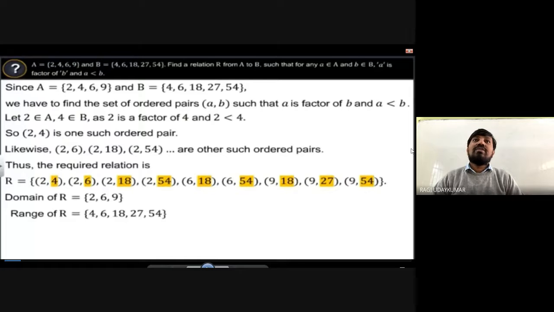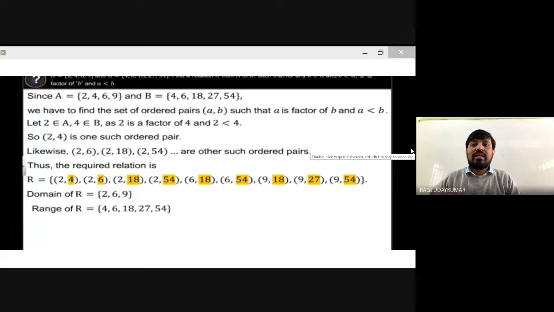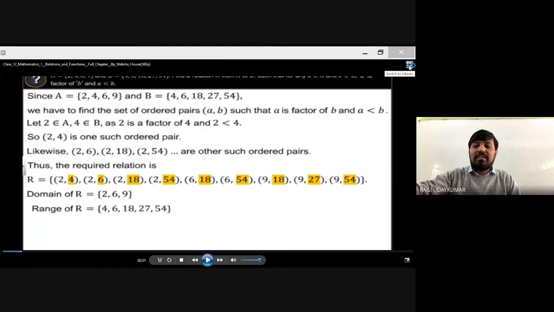Because 4 is not a factor of any of the numbers present in the set B, other than itself. Actually 4 is a factor of 4, but 4 should be less than 4, and 4 is not less than 4. So that's why nothing comes from 4. But when you take 6 and 18, 6 times 3 is 18, right? 6 is a factor of 18. Like that you can take all the ordered pairs.